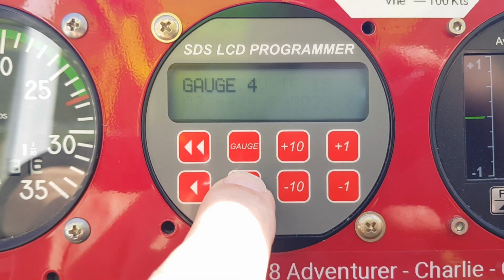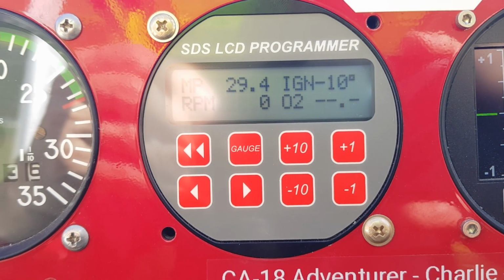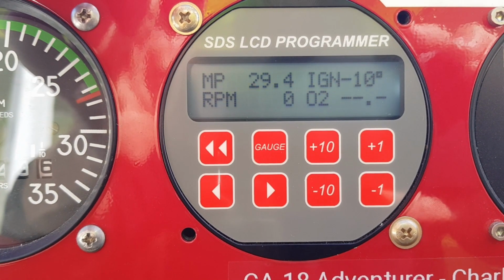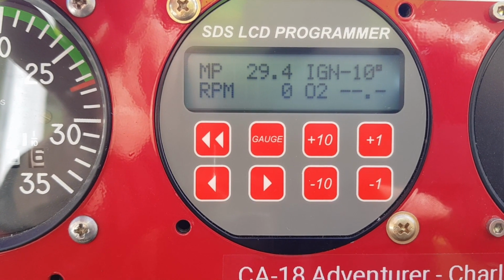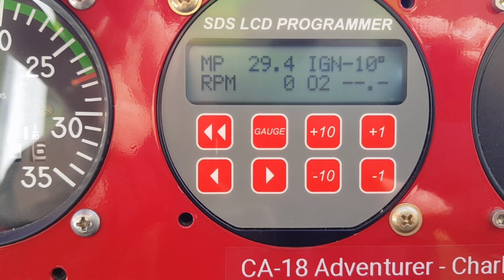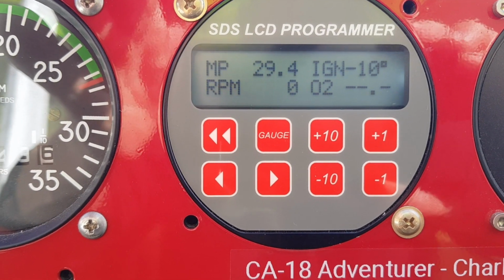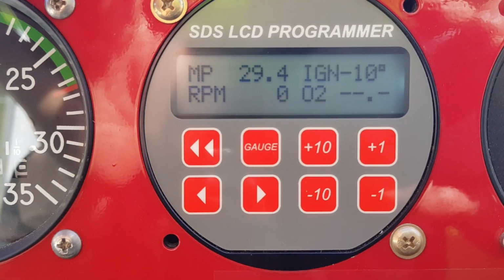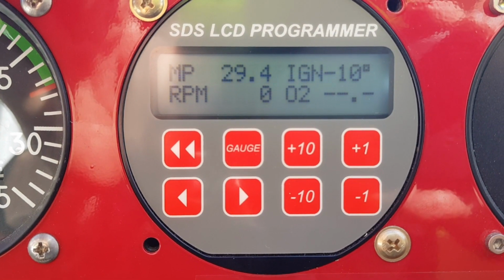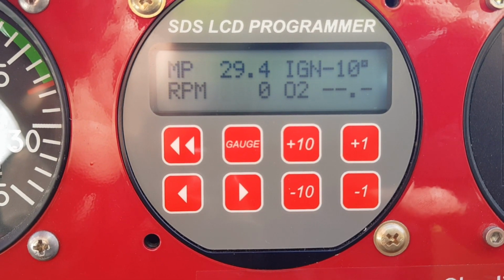Push this dial one more time and we get to what I class as my tuning dial. It gives me manifold pressure, RPM, ignition, and the air fuel ratio. Now a word on the O2 sensor: when we first start it up, it's in the 0 position.